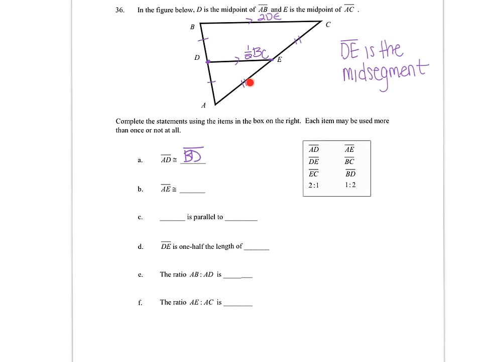AE right here is going to be congruent to EC because E is the midpoint. And blank is parallel to blank. Well, we know that the bottom sides of the triangle, the two sides that aren't bisected by DE, those are going to be parallel. So DE is parallel to BC.